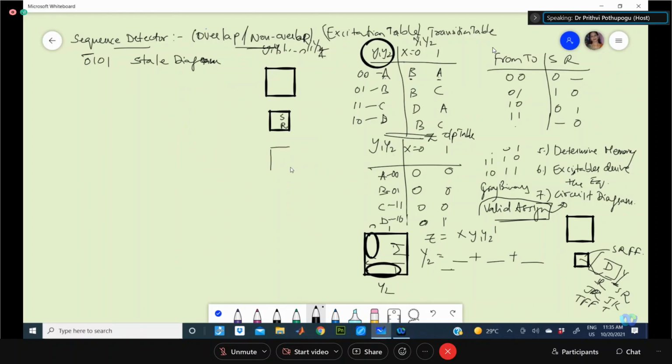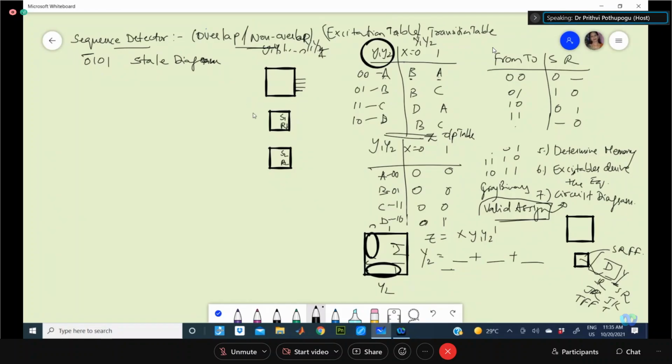So it will be S1 R1, S2 R2, because each Y needs one SR. Y1 has S1 R1, Y2 has S2 R2, and through the equations derived, we need to give the inputs as S1 R1 S2 R2. From here we need to take them out.